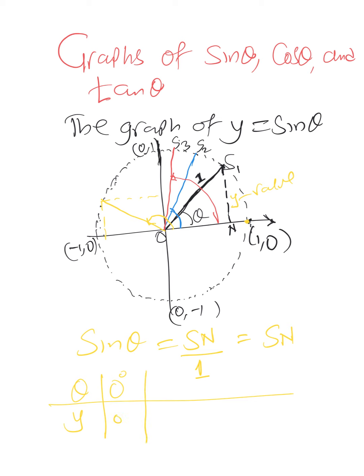If the angle increases, we can read off from what I've drawn values of angle 0, 90, 270, but there are so many angles between 0 and 90. So if you got 90 degrees, then the y value becomes 1.